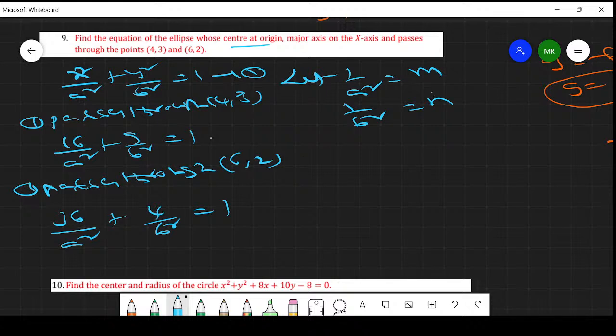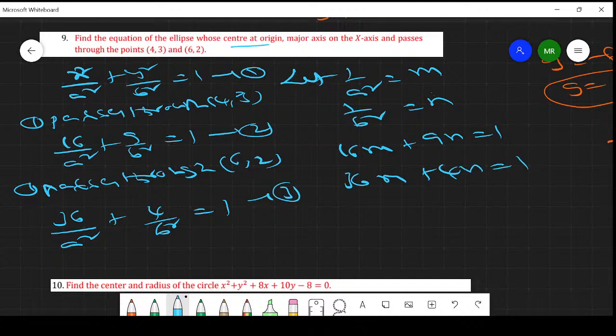Then this equation will become 16m plus 9n is equal to 1. The other equation will become 36m plus 4n is equal to 1. We get like this. You solve these two equations, find m and n values, we get the required answer.